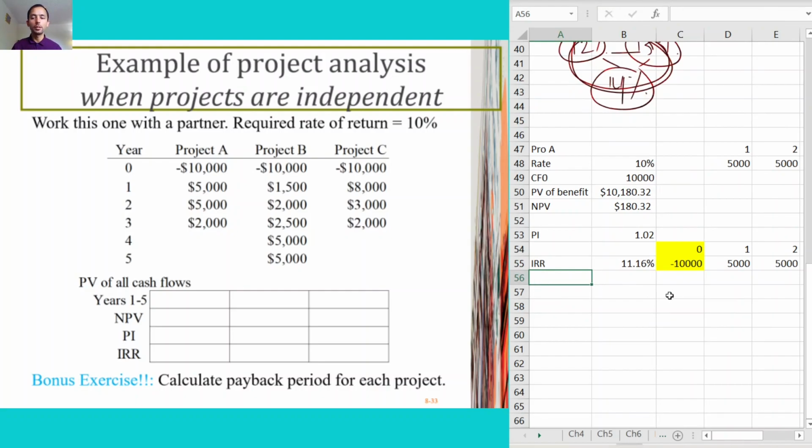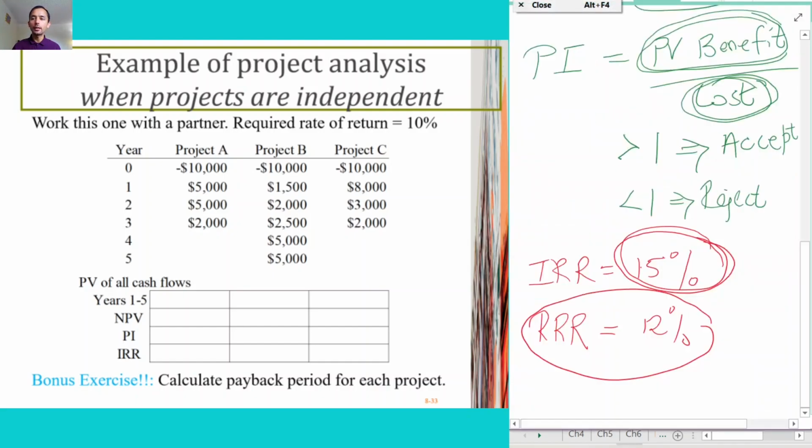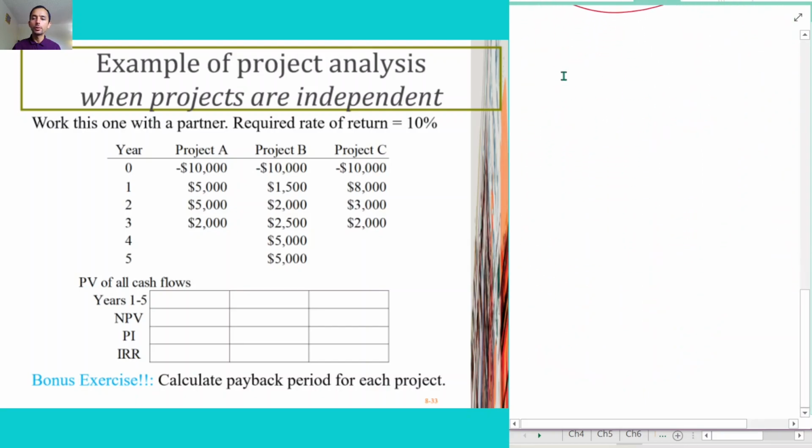Let's calculate payback period as well. Okay. So for payback period, what we could do is, let's see, for payback period, I usually like it normal pays. So let's use this here, okay, for payback period.